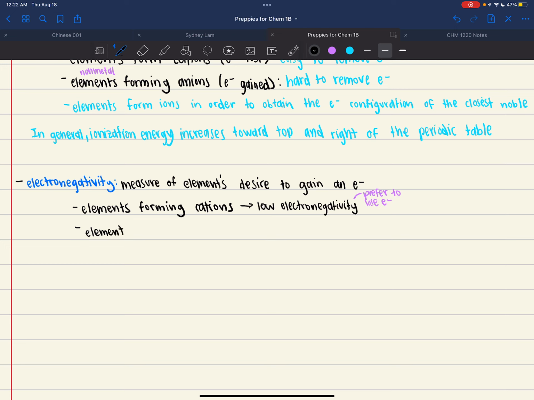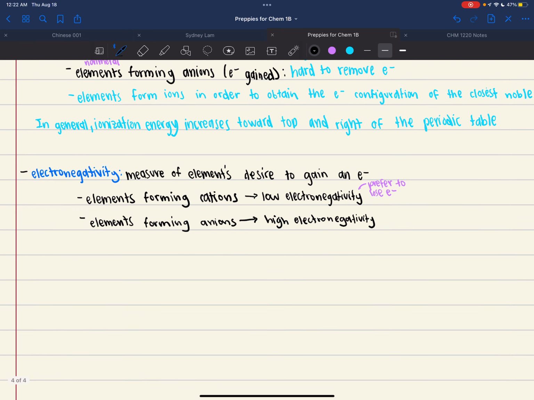The elements that are forming anions have a high electronegativity.